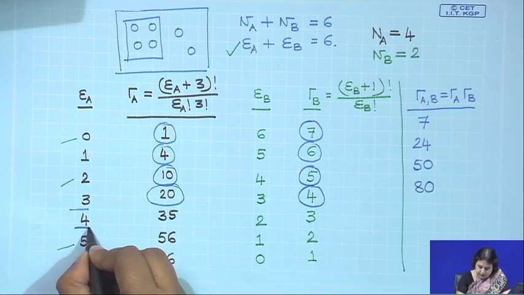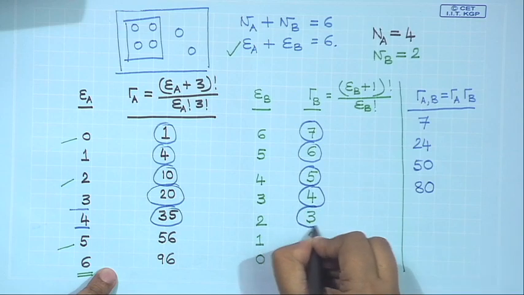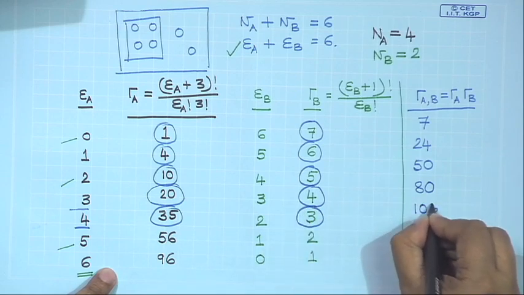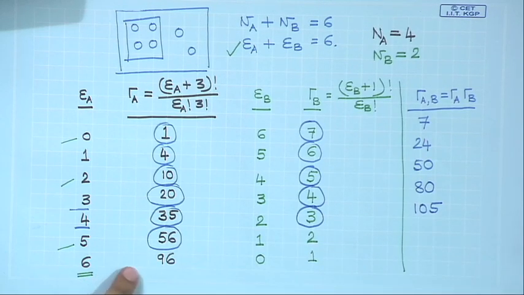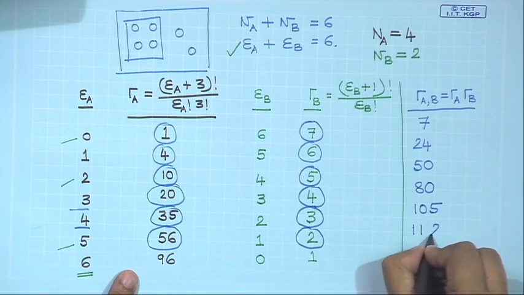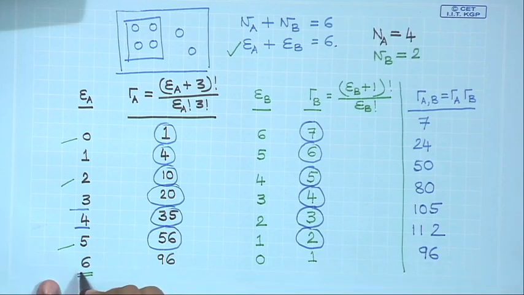Now, for epsilon A equal to 4, once again I will repeat this exercise and find that this number is 105. Epsilon A equal to 5, that is the 6th macroscopic state, I am going to multiply these two numbers and get 112. And finally, for epsilon A equal to 6, I get 96 microscopic states.